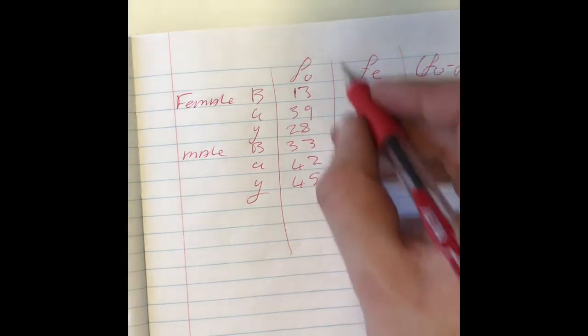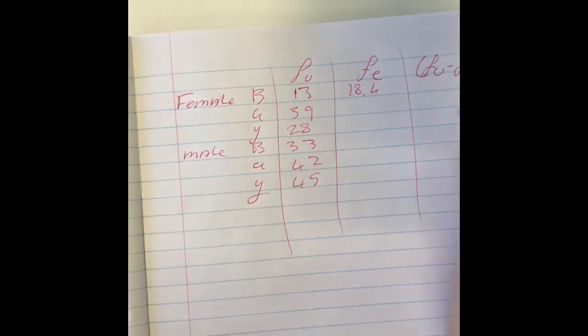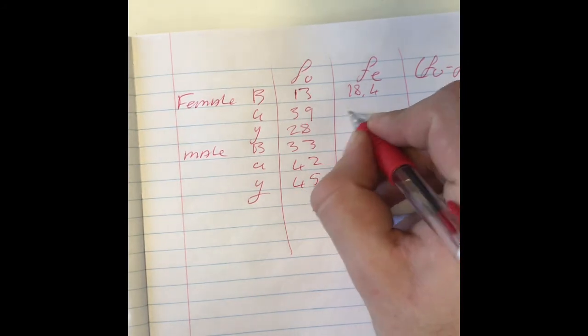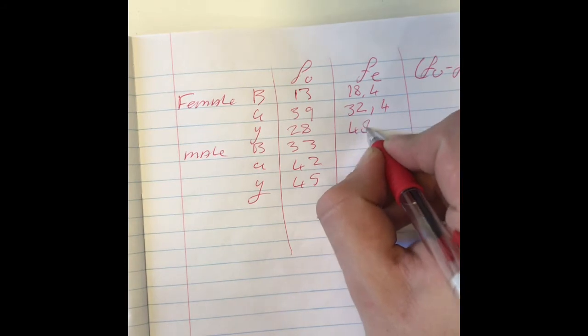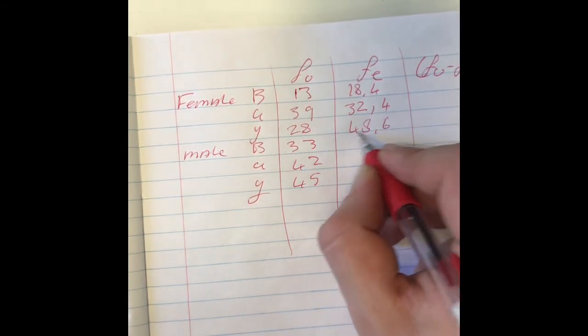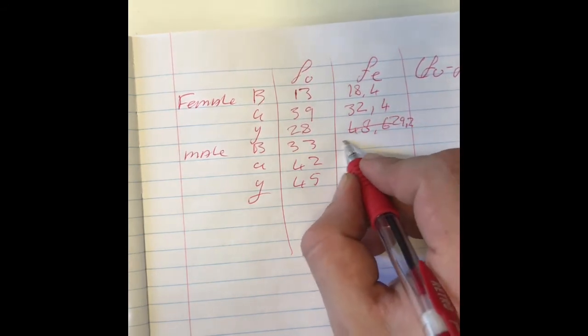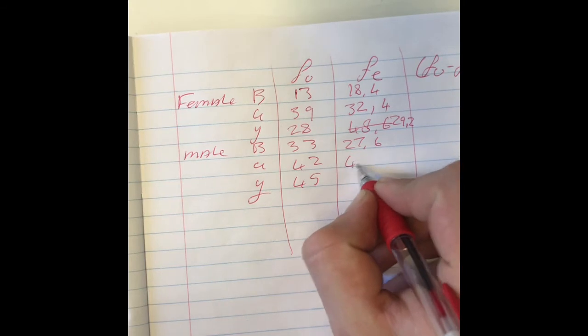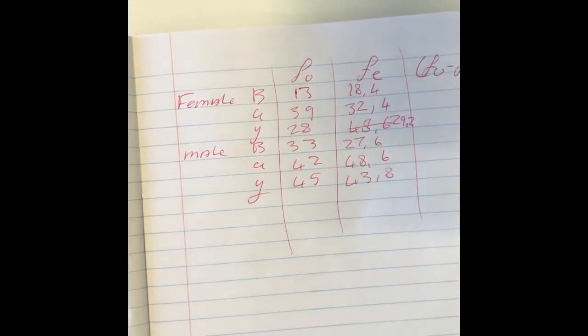Then for our expected values, for female it is 18.4, for growth it is 32.4, 48.6, no, sorry, 29.2, then it's 27.6, 48.6, and 43.8.